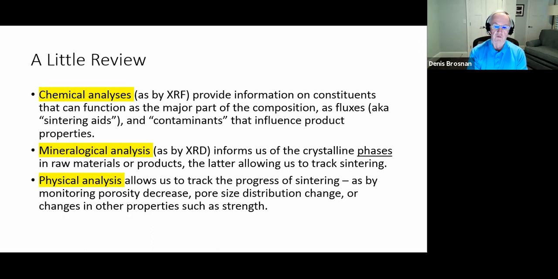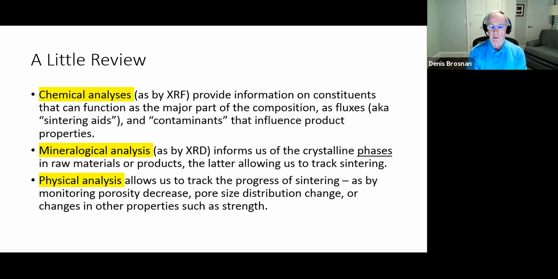That's particularly true when you use crude clays dug from the ground, and less true when you use minerals that have been refined. Nevertheless, we're going to use XRF data, realizing that there are other methods to measure chemical analysis. But the chemical constituents are the ones that we track using phase diagrams, and we predict what's going to happen as we heat.